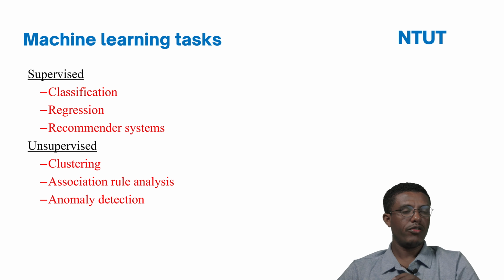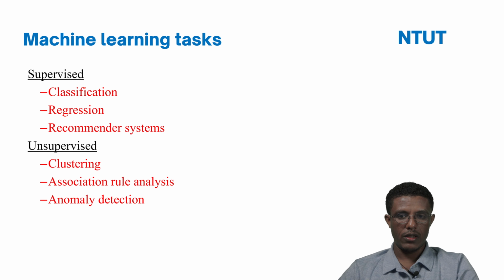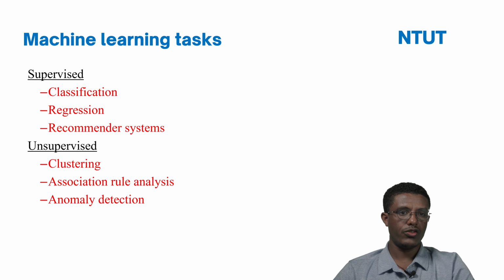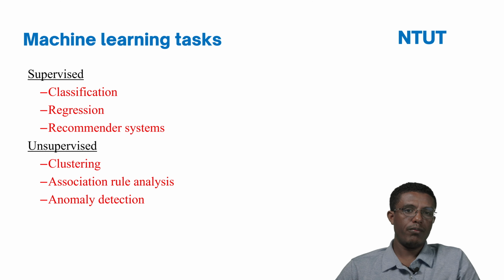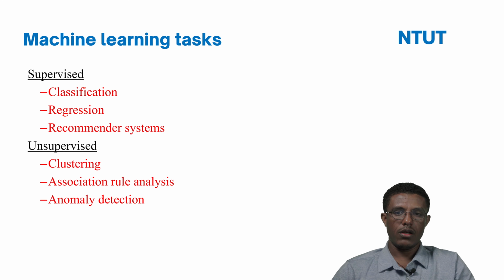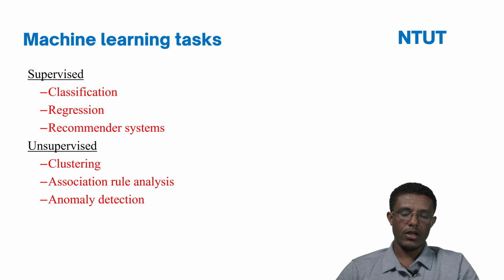And reinforcement learning is where the type of data or problem is punishment and reward. There is no need for labeling, but just based on the actions and rewards, it tries to understand. So the common ones are supervised and unsupervised.